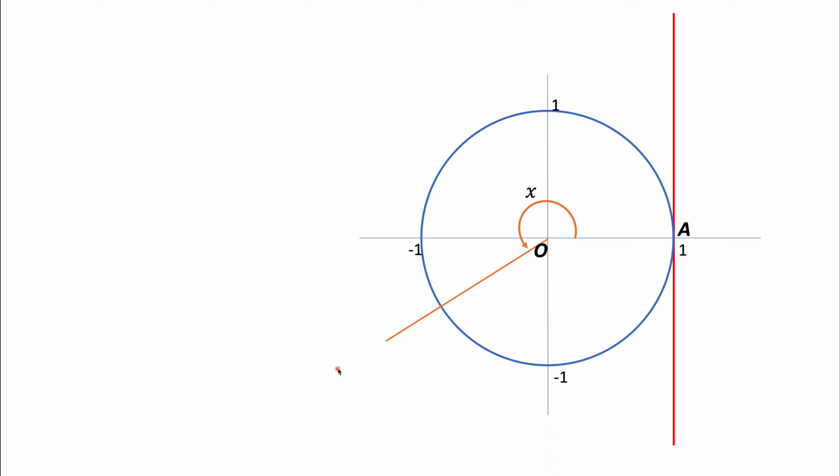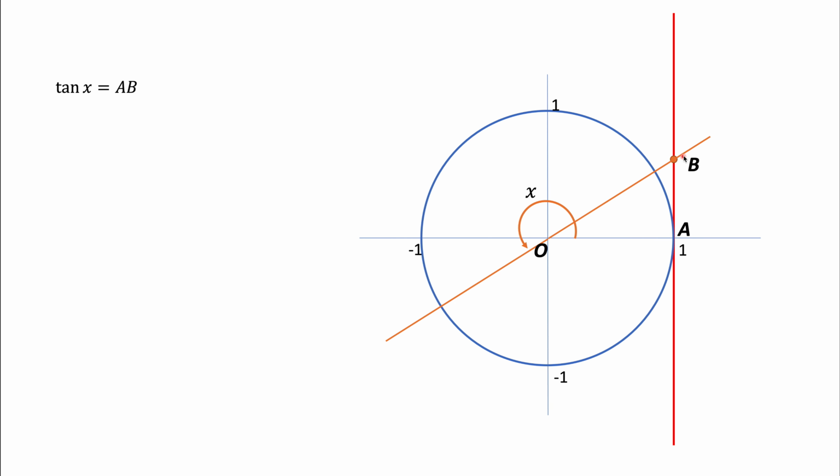The truth is, we just need to extend this ray to the full line and see where this line intersects the tangent line, okay? Tangent axis. It intersects at point B, and the coordinate of point B will be the tangent of this angle X. Well, in this case, the coordinate of B is positive, so really tangent X is the length of segment AB. Okay?